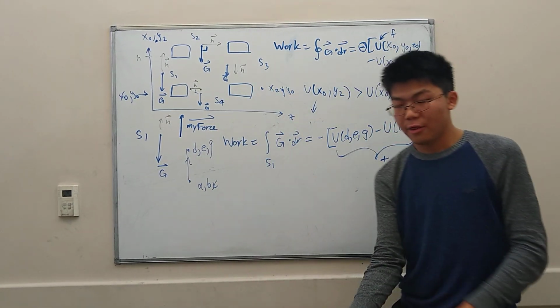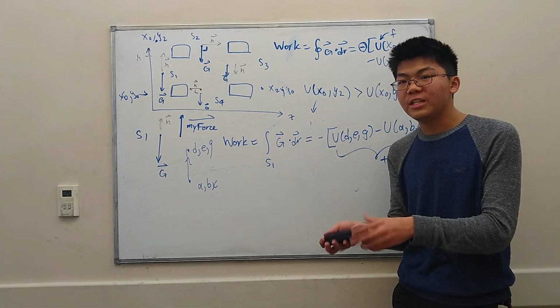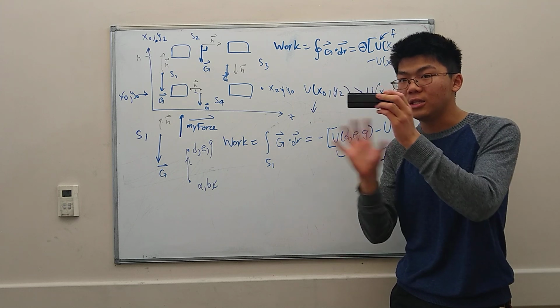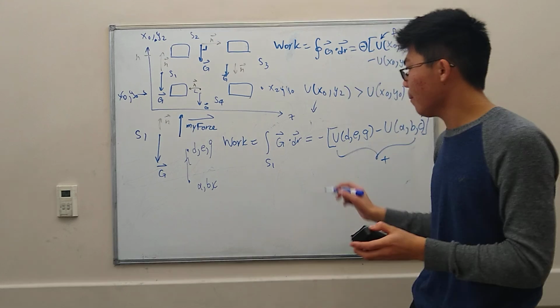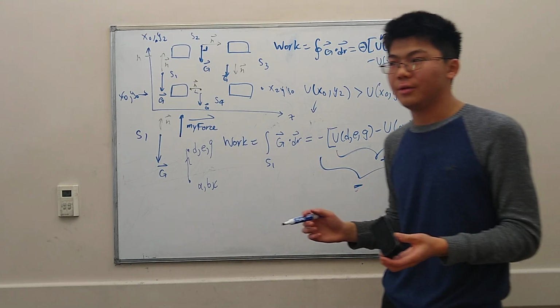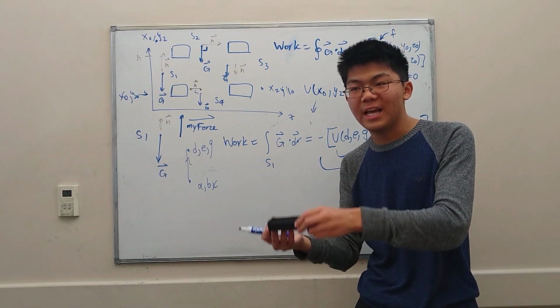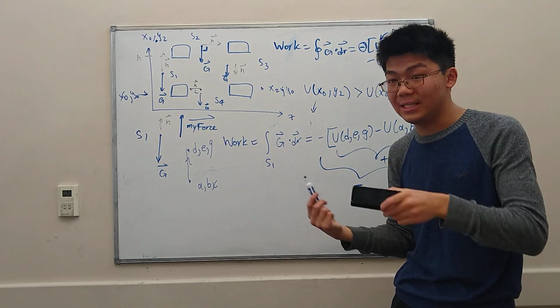Let's say I threw this marker, this eraser, up. So originally it'll have a velocity, and so it has kinetic energy. But as it reaches the peak, it loses that kinetic energy. And so work is actually going to be a negative value, because the change in the kinetic energy from when it first had velocity to when it no longer had any velocity is 0.